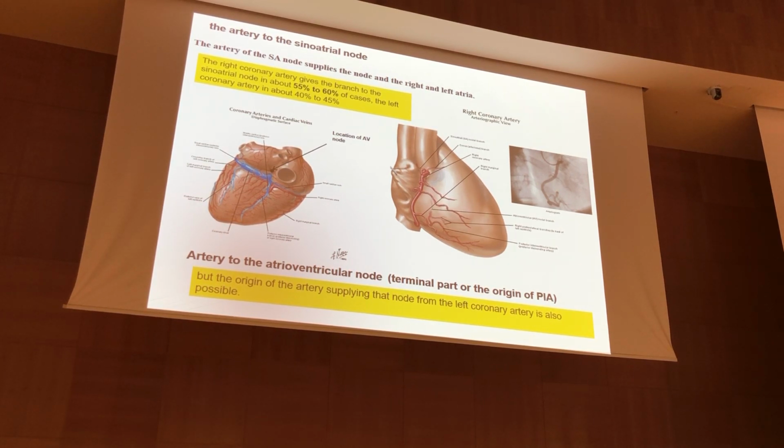Artery to the AV node, which is here, comes again also from the right in most of the cases, or could be the beginning of PIA. Here it goes to the AV node. Just remember that artery to SA node and AV node in most of individuals comes from the right coronary artery.